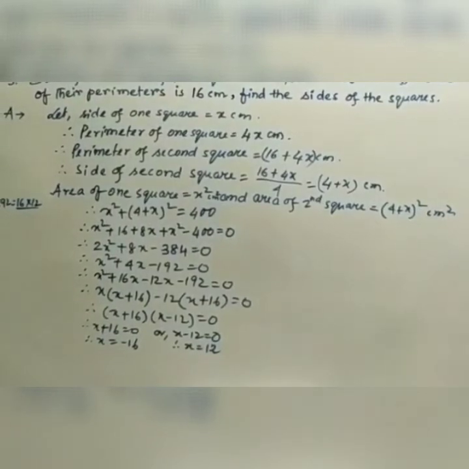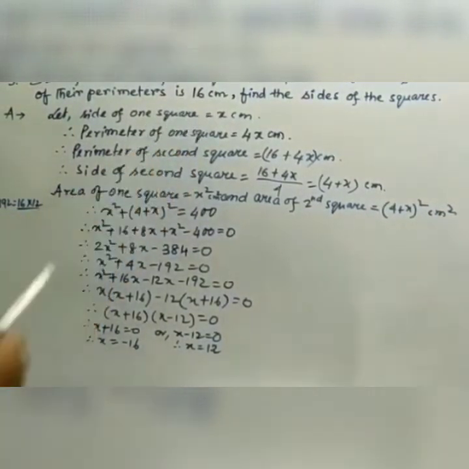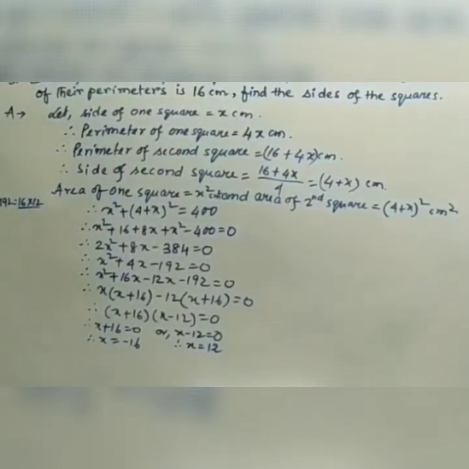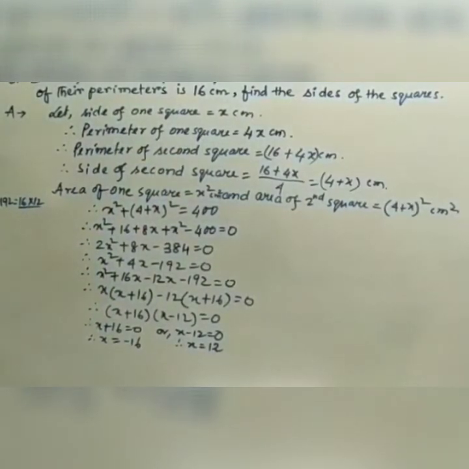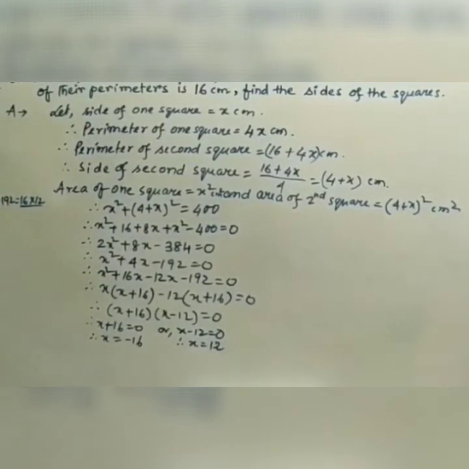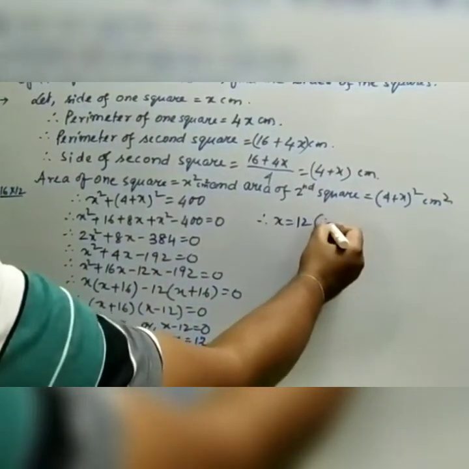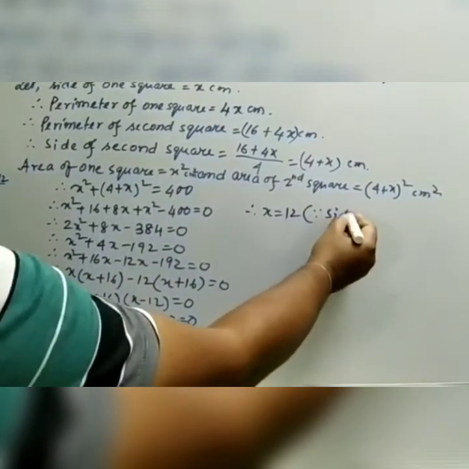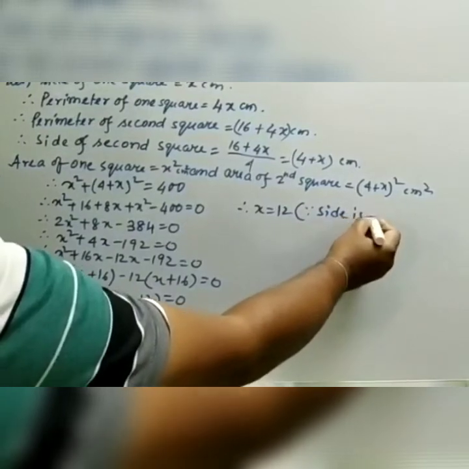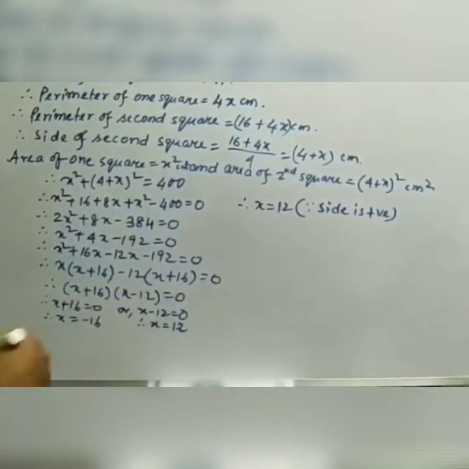Okay, but we cannot take negative because we have taken the side as x, and the side of a square or any geometric figure is always positive. Therefore x equals 12 since side is always positive.